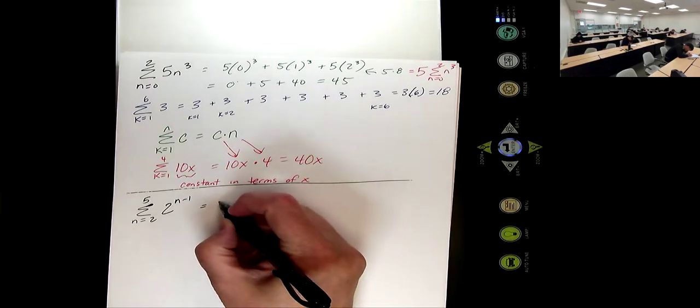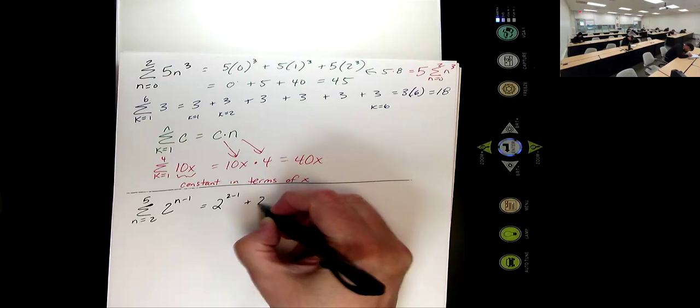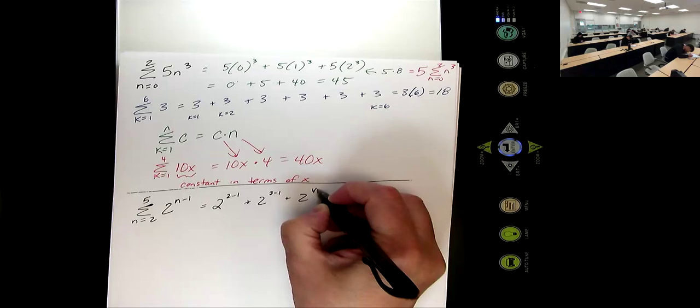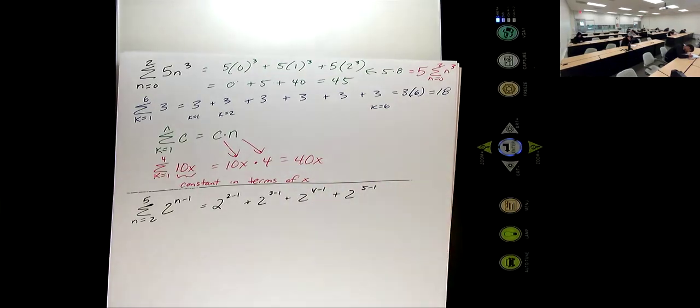If I do this, I have 2 to the 2 minus 1, plus 2 to the 3 minus 1, plus 2 to the 4 minus 1, plus 2 to the 5 minus 1.